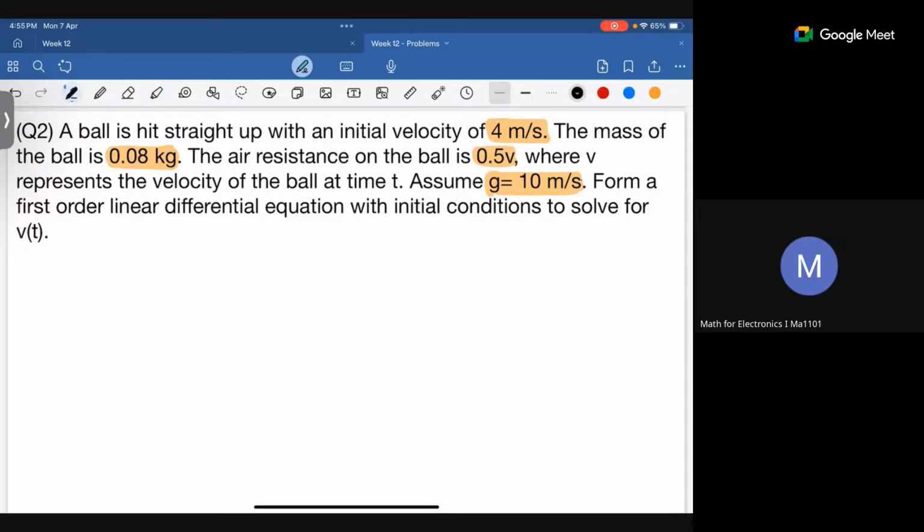Let me start the solution, but I will not finish it, and you guys try it out. So you have a ball, and it is hit straight up, so the ball is moving upwards.